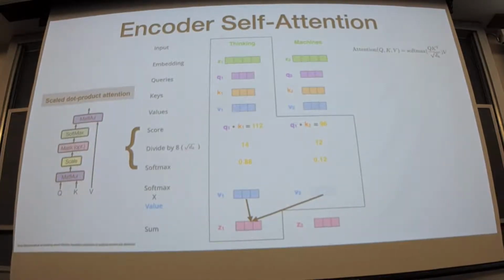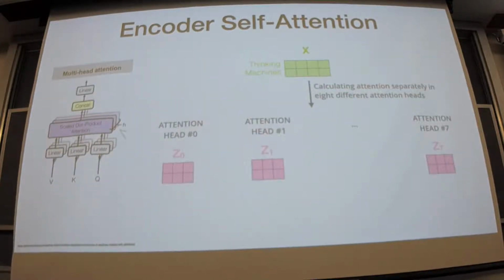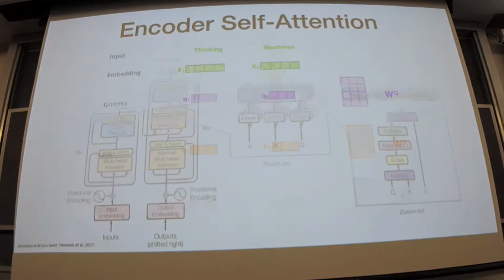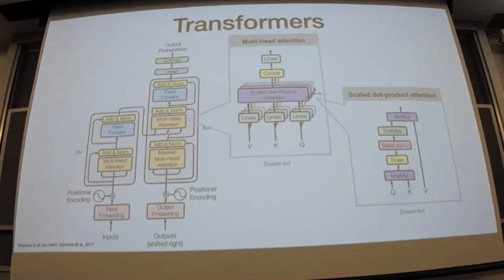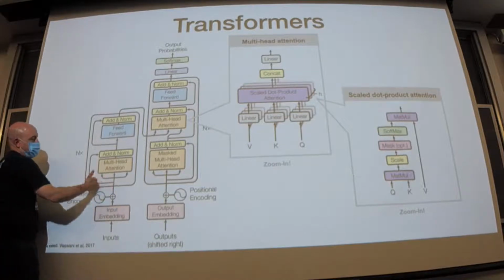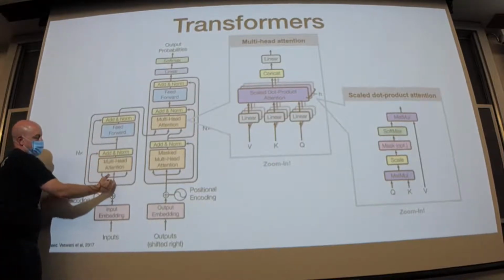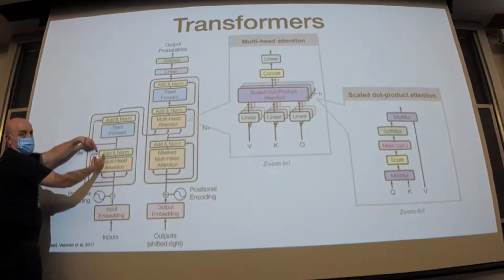But if we start stacking it this way, aren't we going to lose our gradients? Don't we have to make shortcuts? You'll see that there are shortcuts. Yeah, you can see it here. Add norm. This is a residual connection.